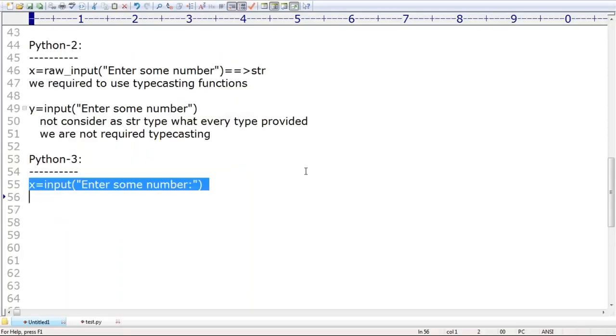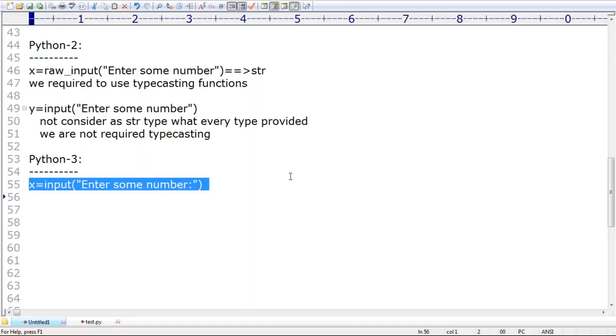Now my question is, listen very carefully, don't get confused, because if you are aware of all the internal things, then you will get much clarity. Now, enter some number. Is it required to perform typecasting or not in Python 3? Yes.